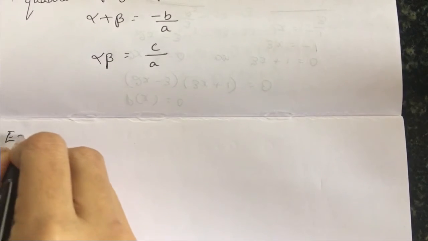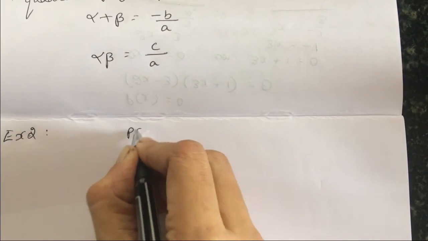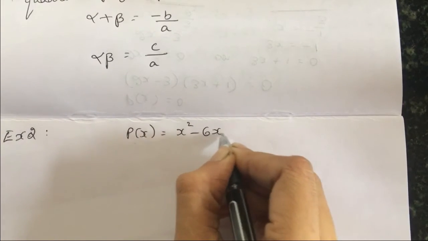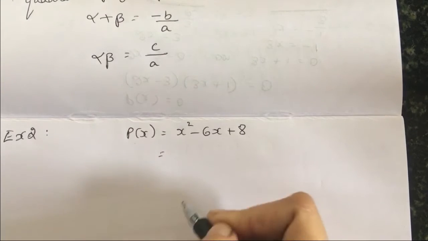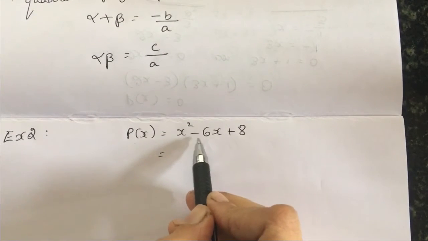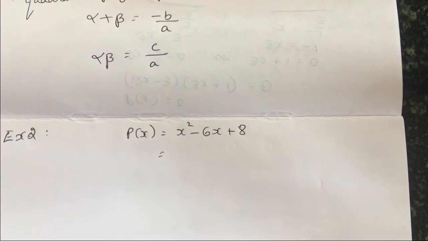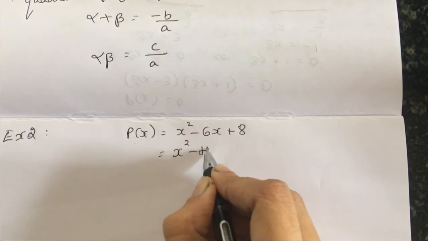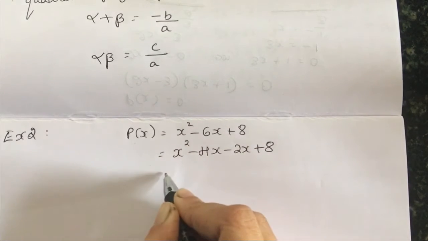Suppose I have a polynomial p of x equal to x square minus 6x plus 8. How to factorize this? Product should be 8 and sum should be minus 6. 4 into 2, yeah. So x square minus 4x minus 2x plus 8.